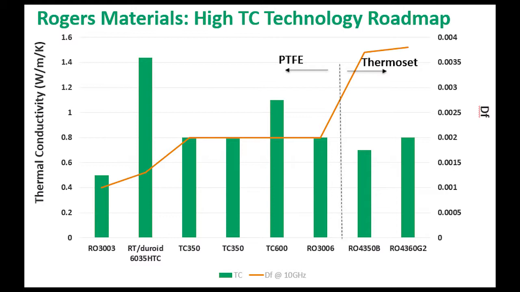The TC350 and the TC600 have a higher dielectric constant in the case of the TC600 and higher thermal conductivity for the TC series, but they're woven glass materials as well. The RO3003 has a dielectric constant of 3, and the benefit of a dielectric constant of 3 helps in the area of thermal conductivity.